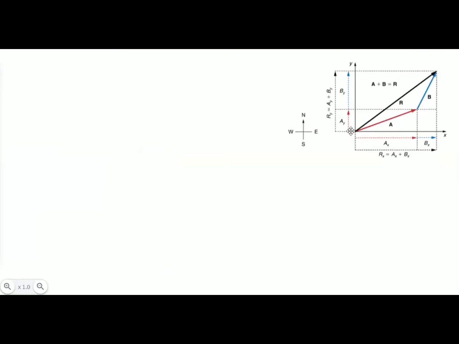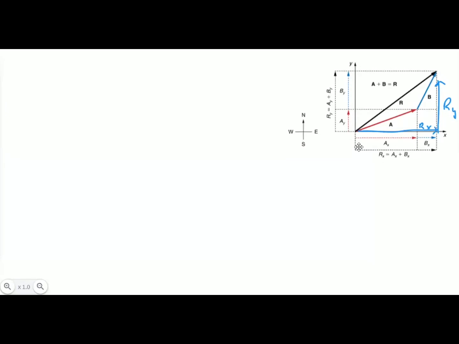And if we add AY to BY, then we get the resultant vector RY. So this will make a right angle triangle. This line is equivalent to RX, and this side is equal to RY.